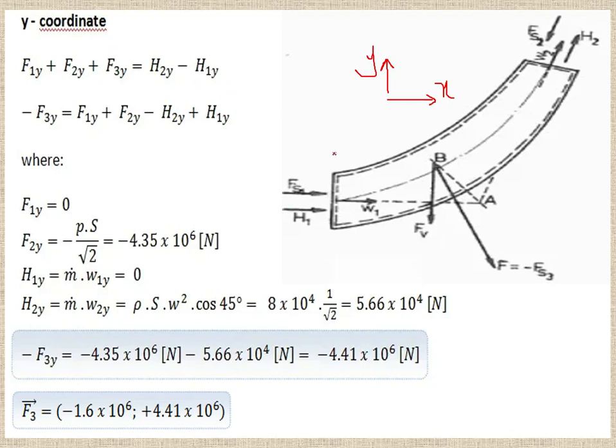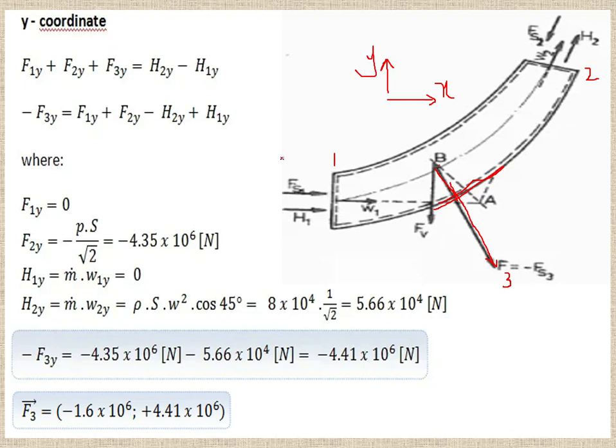This is point 1 and this is point 2, and this is the point where the maximum force is exerted by the fluid on the elbow, which is F3. We call it F3.